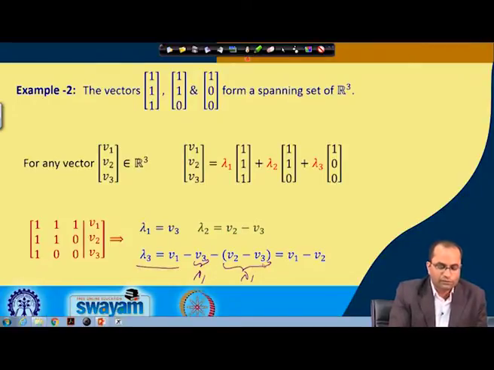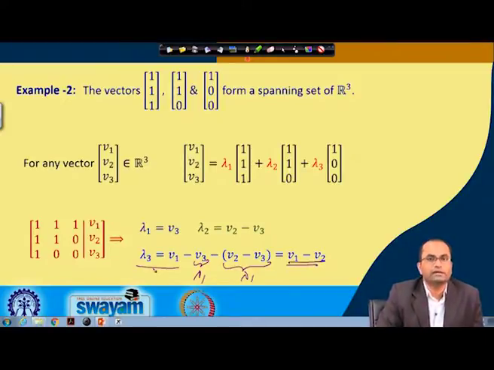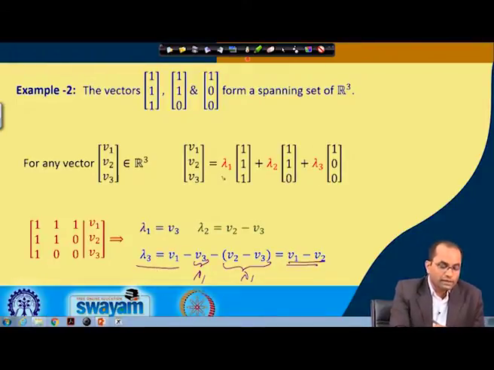So, from the first equation we got that lambda 3 is equal to v 1 minus v 2. So, here lambda 1 is just v 3, lambda 2 is v 2 minus v 3, and lambda 3 is v 1 minus v 2.